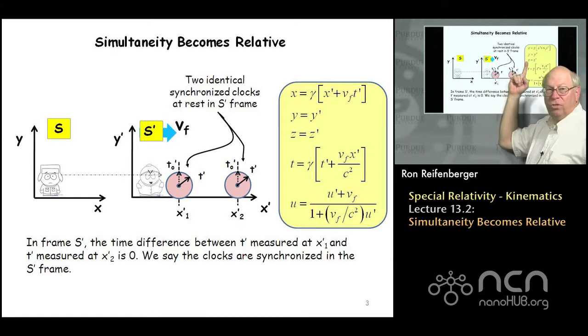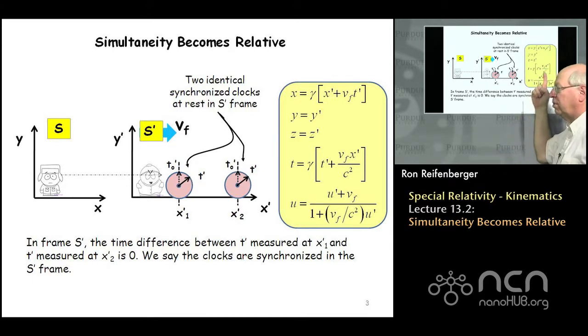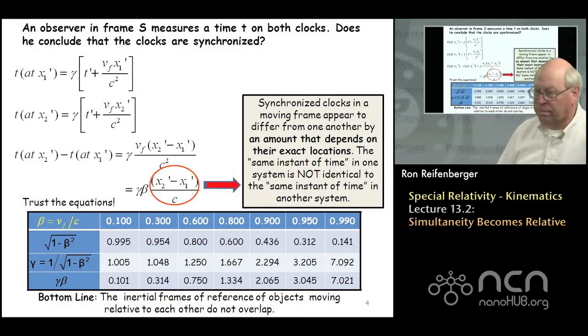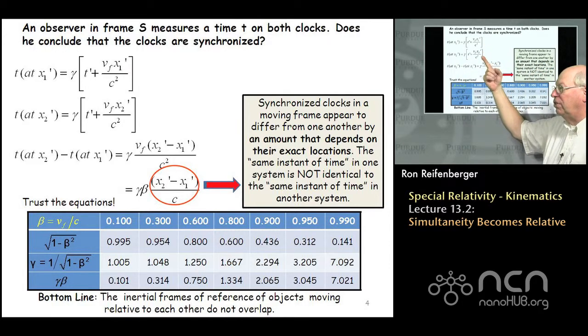Well, you have to use the Lorentz-Einstein transformation equations, which take you from the primed frame back to the unprimed frame. In this case, we're interested in the time transformation, so we have to use this particular formula, and I just apply it on this slide to the situation.